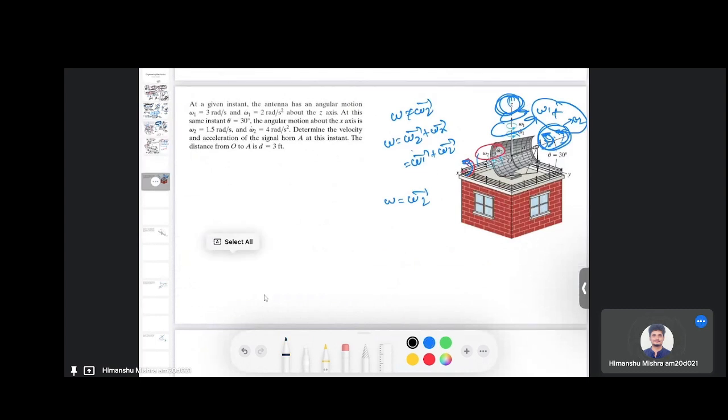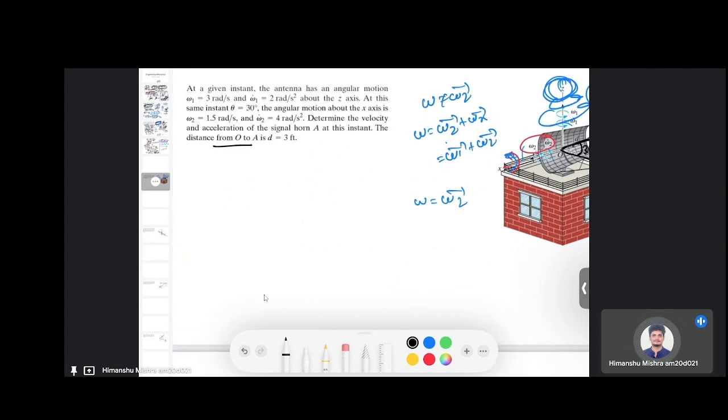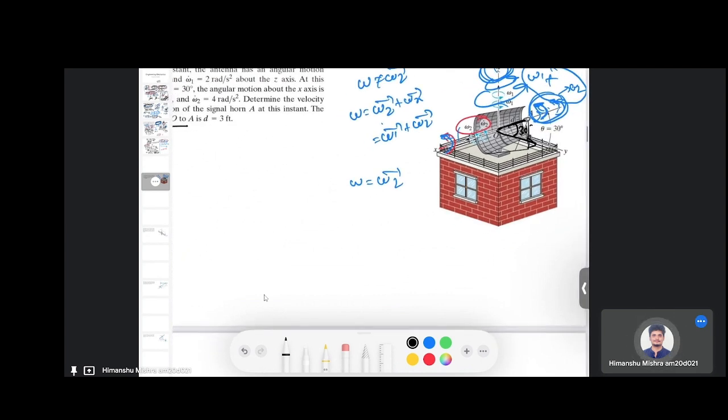So it is given that the distance of O to A is d, which is 30 degrees from the y-axis, right? So my position vector RA. First, to find the velocity and acceleration of signal horn A, so this is the signal horn A, the velocity is given by omega cross RA.